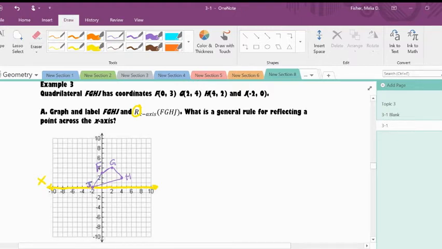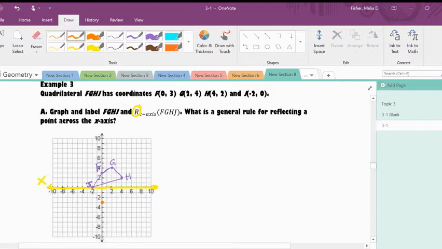Okay, now remember when we used our tools and we constructed the new shape and we went across a line, and we could actually figure out that this point is going to be equal distance across this line from the other point. So we could actually move F, instead of being 3 up, it's going to be 3 down.